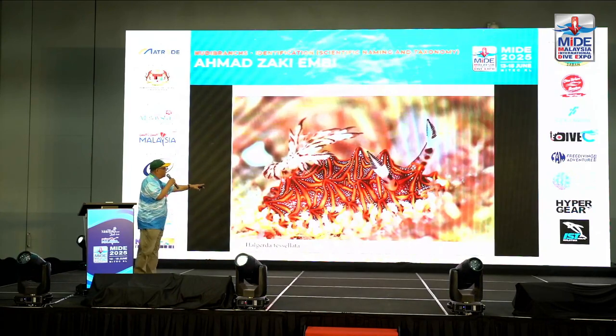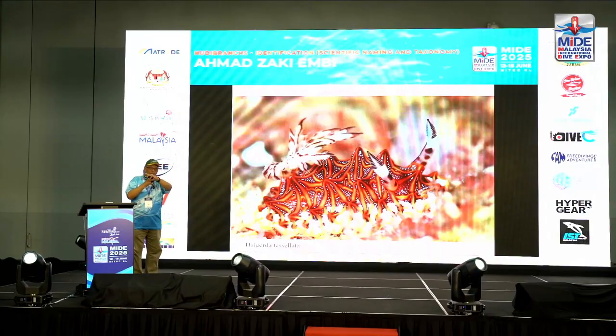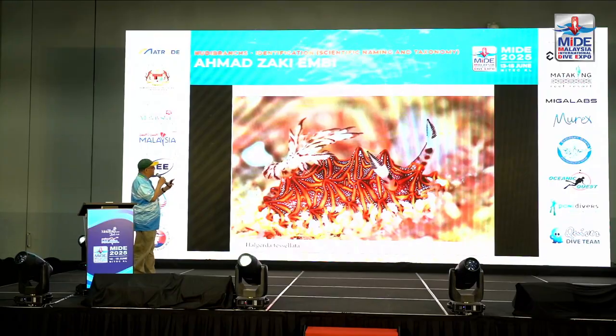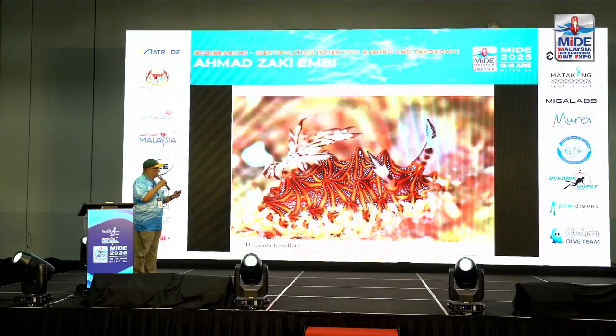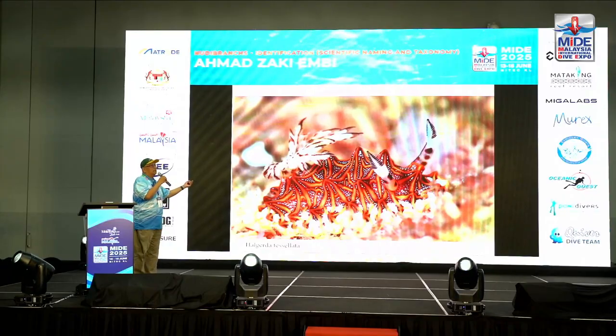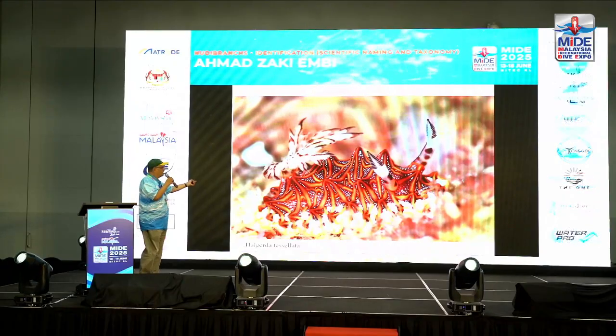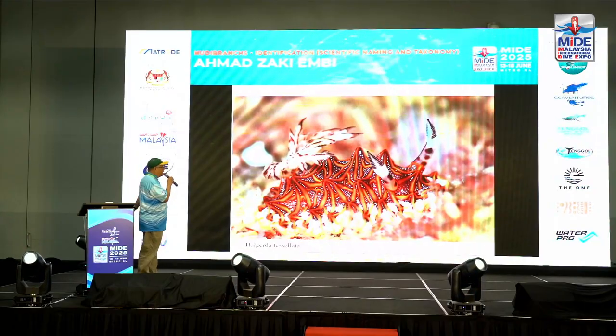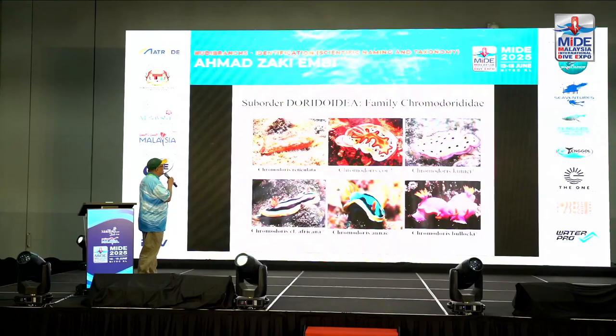You can see if you look closely, it's very beautiful patterns, and the colors, it's just amazing. Where was this? This was at Lost World, Tenggol. 30 meters. They're quite deep, yeah. These guys are quite deep.